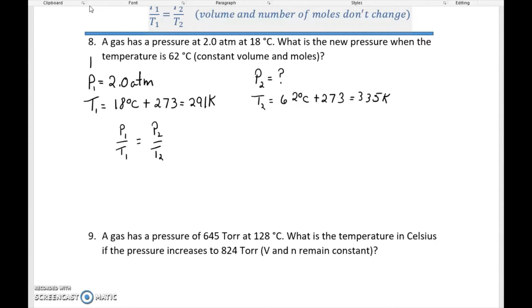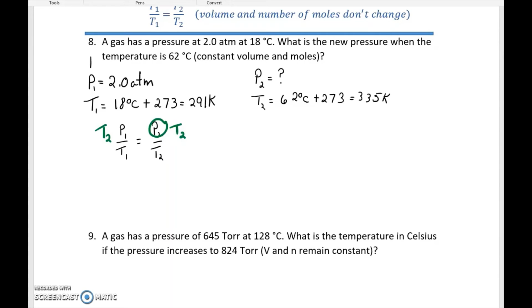This is the one we don't have. So we're going to want to isolate P2 by itself. Best way to do that is going to be to pick both sides and multiply them by T2. We can do anything as long as we do it the same both sides.